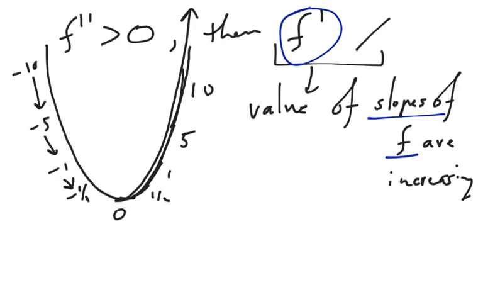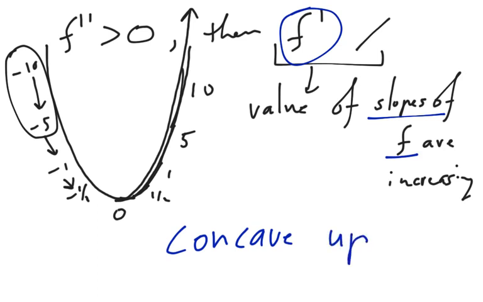These slopes are increasing because they're moving towards the positive side. Negative 5 is more positive than negative 10, which means that to go from here to here, the slopes had to increase. I mentioned before that this looks curved upwards. That's not the actual word. The word for this is concave up, because it's curved upwards. And if you want to add your smiley face, you can add your smiley face.